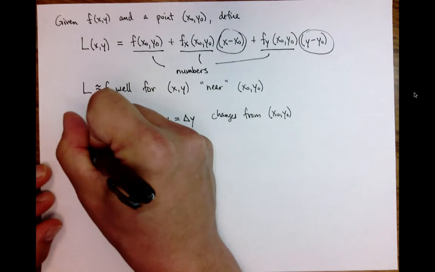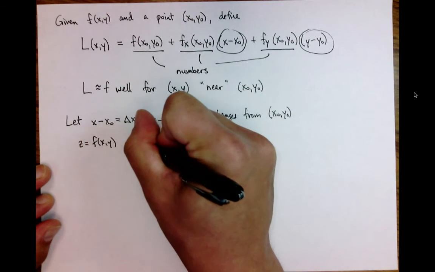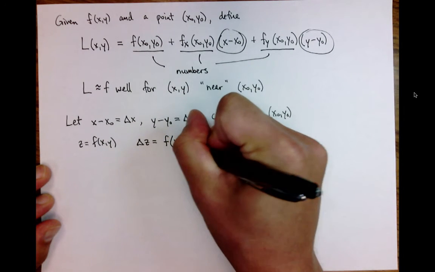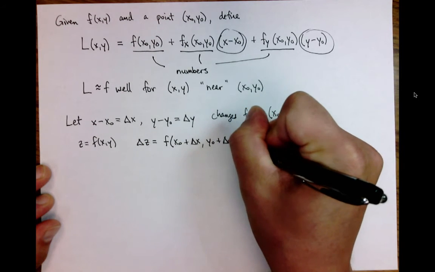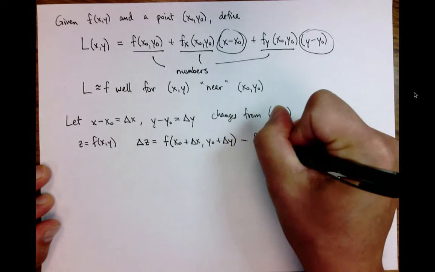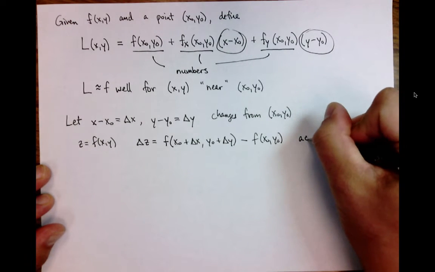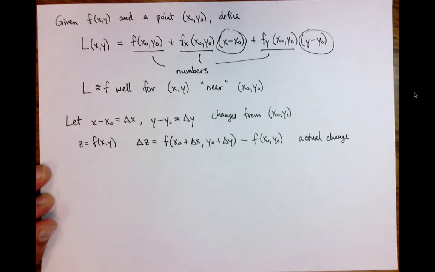So if z is equal to f of x, y, then delta z is just the change in f when you change both of those variables. So that's the actual change, and it's not so easy to compute depending on what f is.